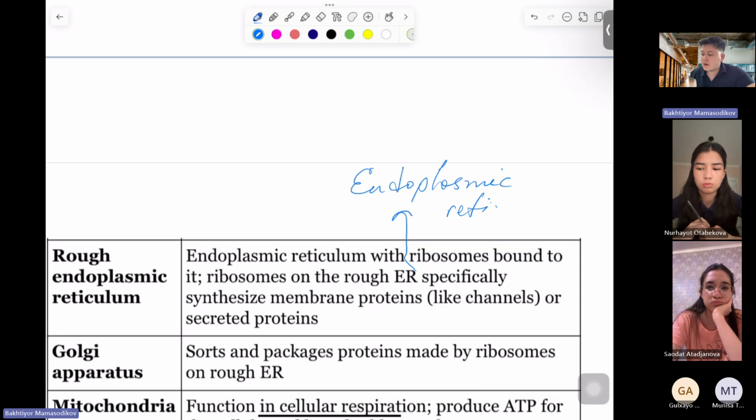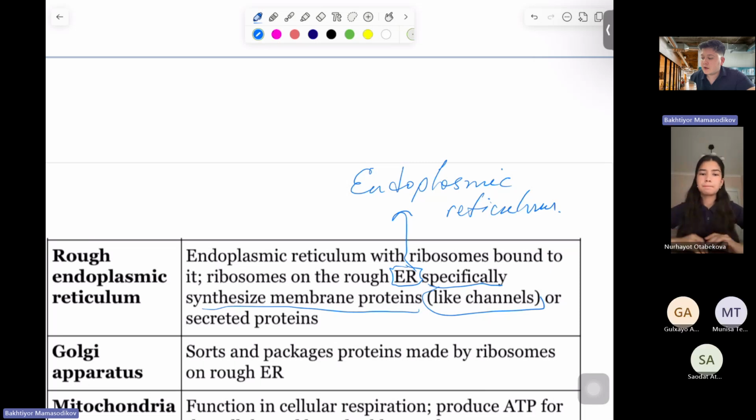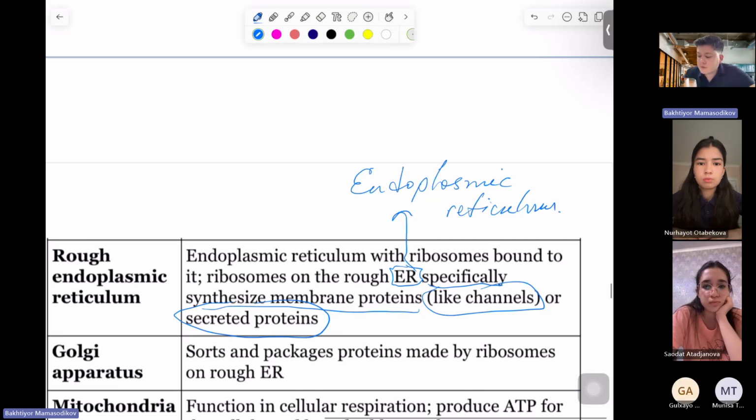Plasmic means here endoplasmic reticulum. So this is the endoplasmic reticulum, and the Golgi apparatus. What's the Golgi apparatus? Who knows?